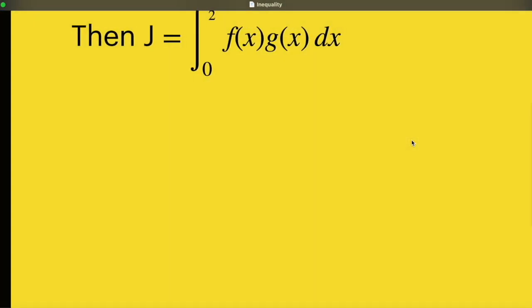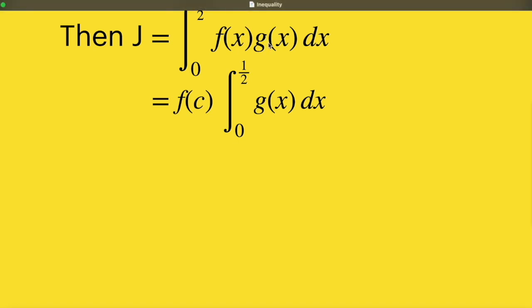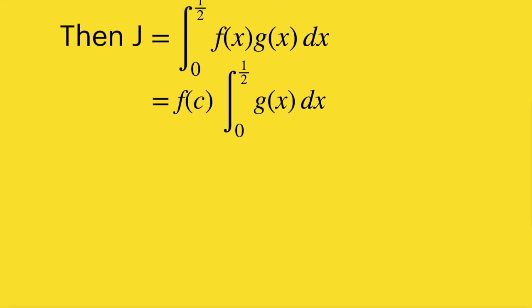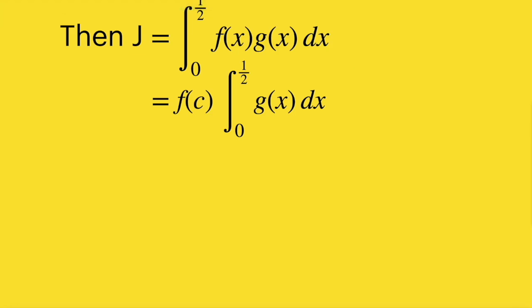So our original integration is this: J equal to the integral from 0 to half of f(x) g(x). We know what f(x) and g(x) are because we have talked about them. And by the general mean value theorem, this is equal to f(c) times the integral from 0 to half of g(x) dx. But what is c? c is some value between 0 and half.